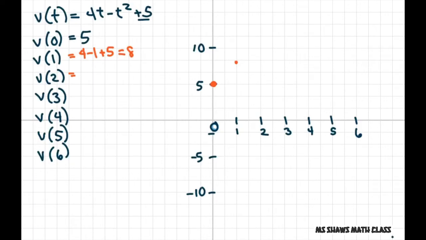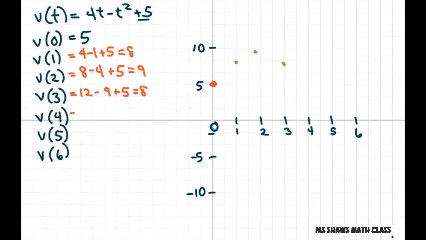And v(2) is going to be 8 minus 4 plus 5, and that's going to be 9. So I'll put this a little closer to my 10. v(3) is going to be 12 minus 9 plus 5, and so that's going back down to 8.